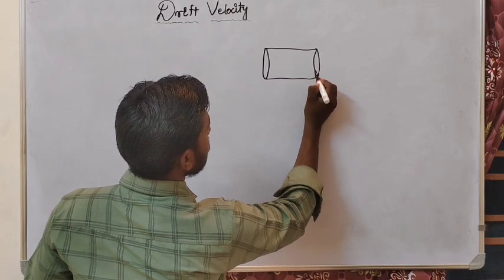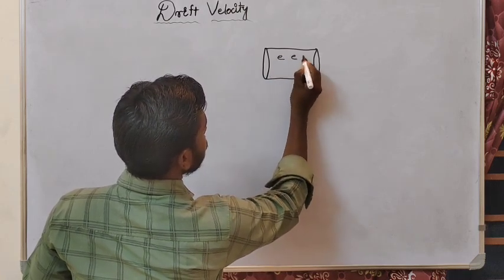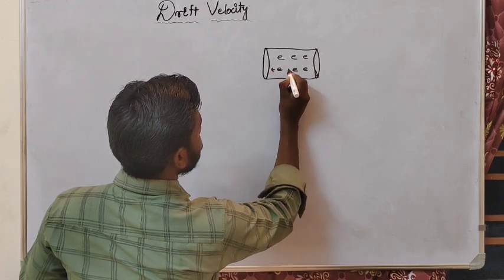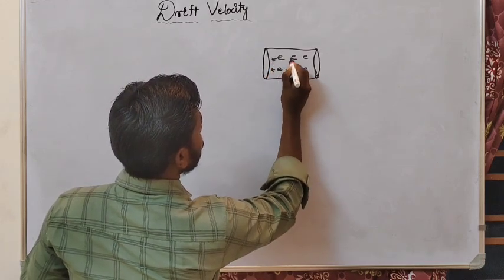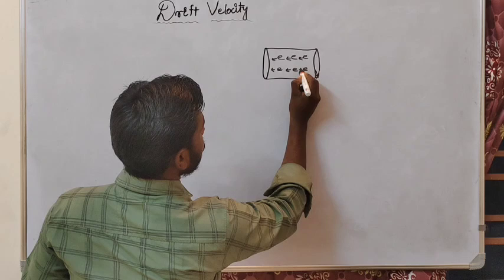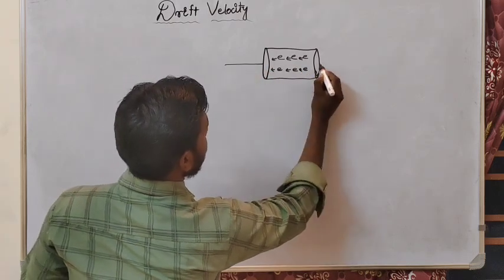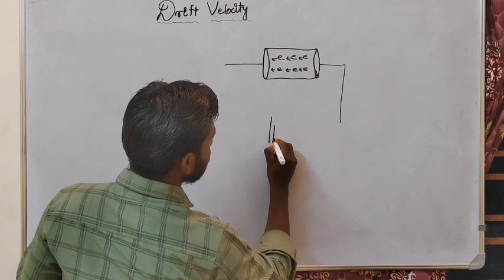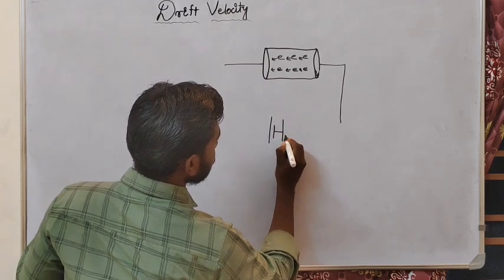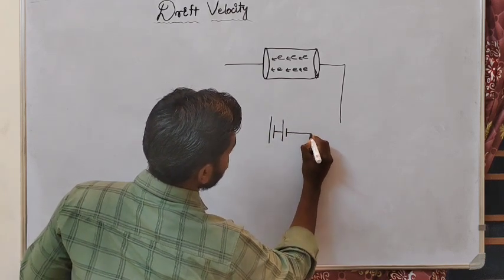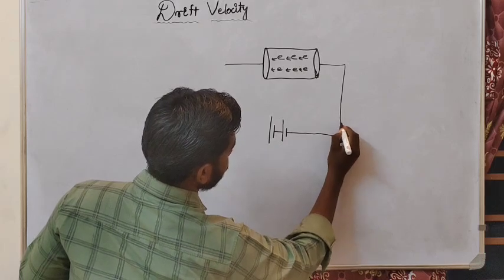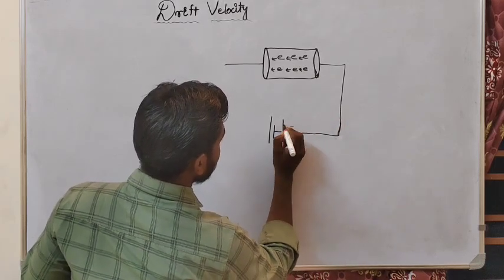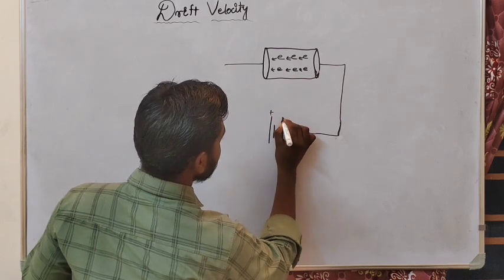Let us consider this one is the conductor, connected in this circuit. This is the positive terminal, and this is the negative terminal.